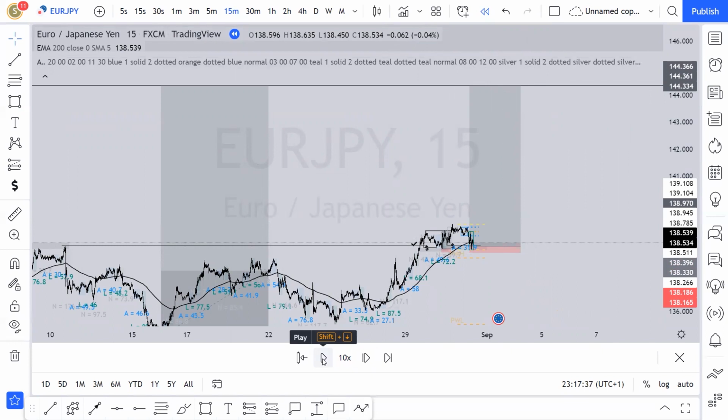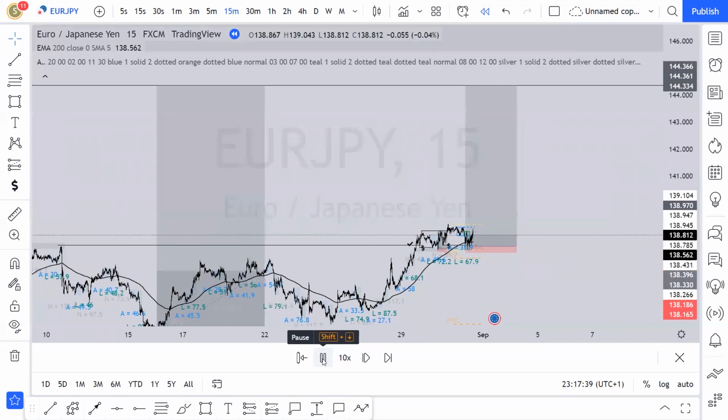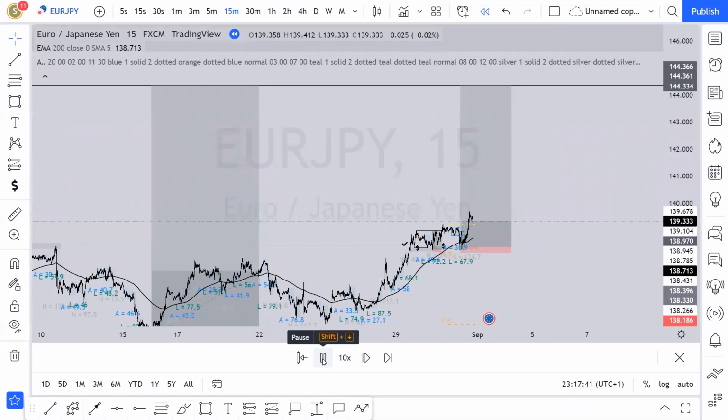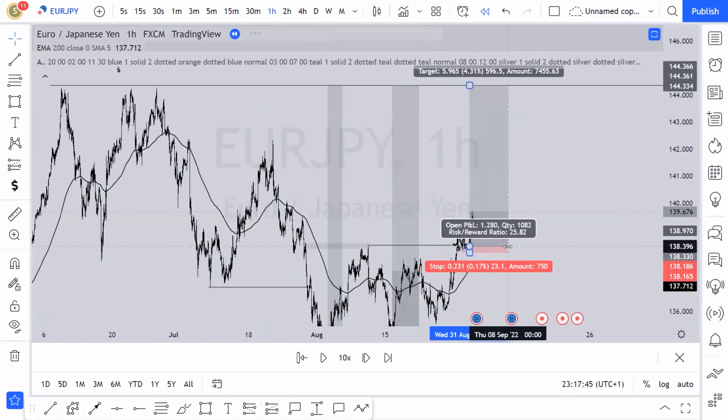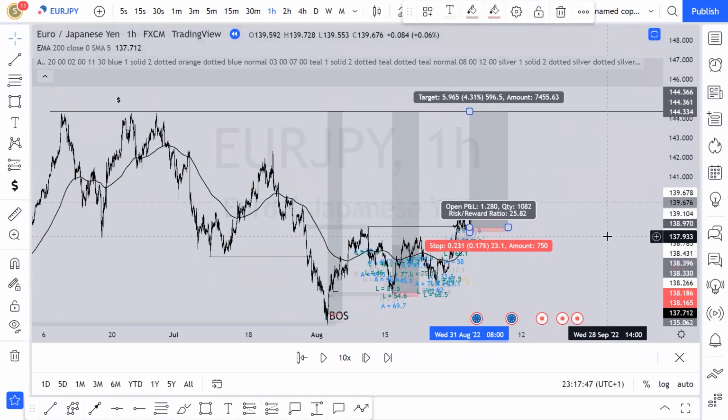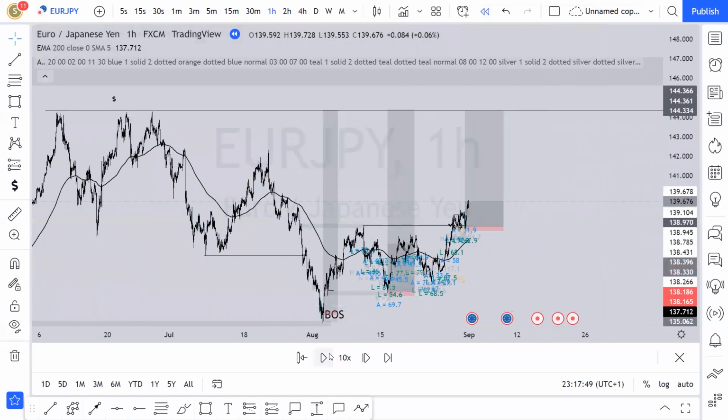And so price started moving. So let me just go to 1 hour so it can be fast. Price started moving. And the next time I wanted to be interested in EURJPY was when price will actually take out external liquidity, so I can now be ready for a sell.